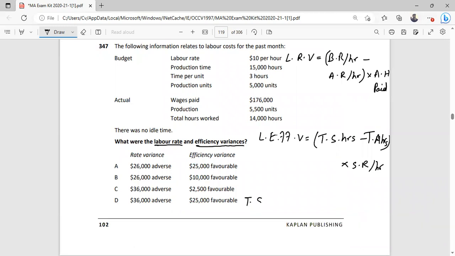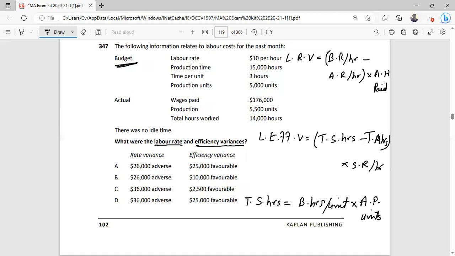It is also called total flexed hours. Total standard hours is equal to budgeted hours per unit, or we can use the words standard hours per unit, into actual production units.